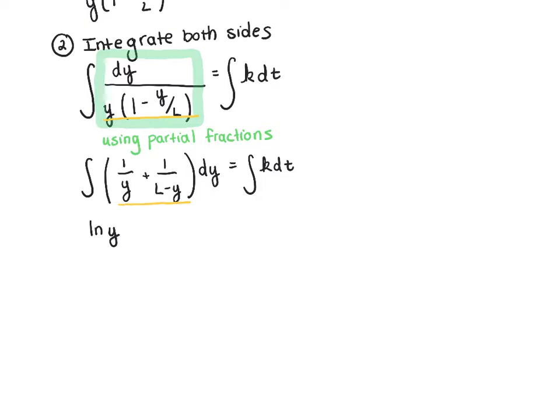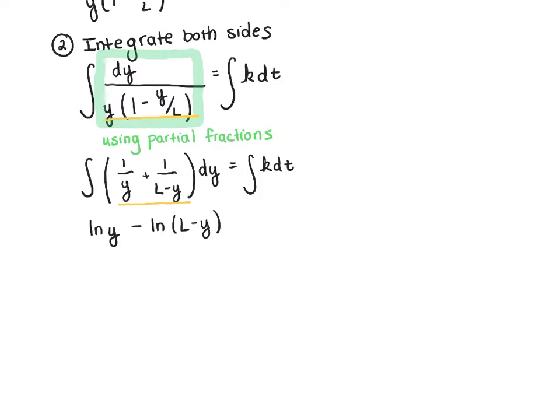And then the antiderivative of 1 over (L minus y), well, that's going to be the natural log of (L minus y), but we have to take into account the fact that the y has a coefficient of -1, so that when we do chain rule, we would be multiplying everything by a -1, so that's just going to change the sign out front to a minus the natural log of (L minus y).